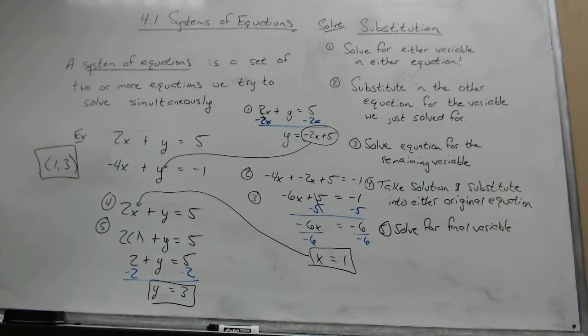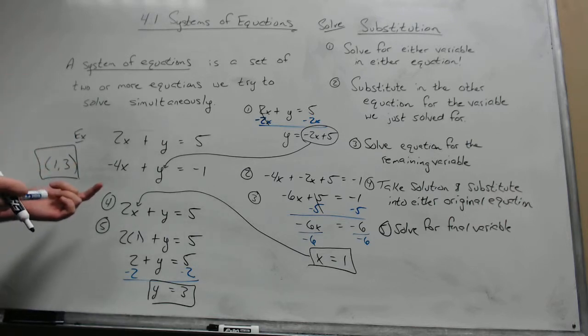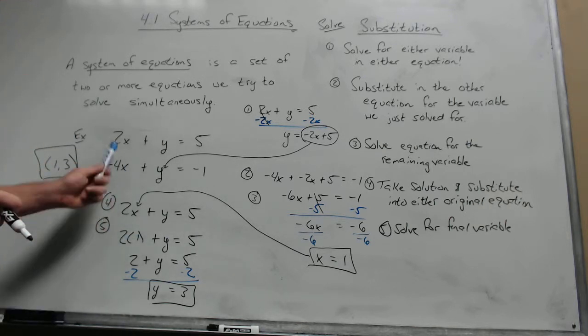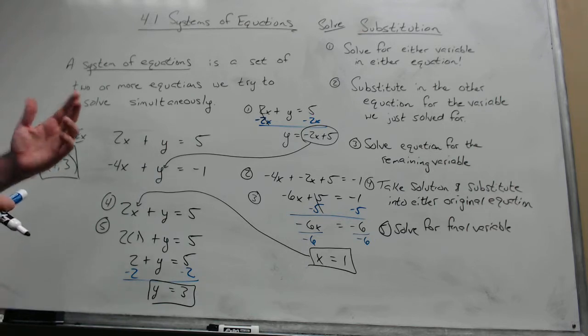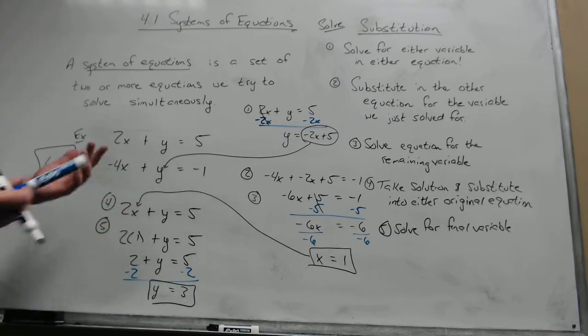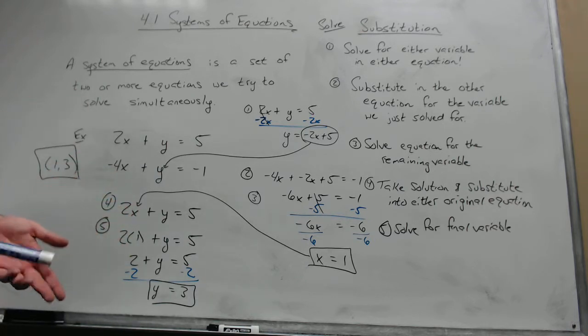This method is very helpful, and you can kind of see when it's going to be helpful. If you're looking at the original equations and you see just a single variable involved, substitution might be your quickest, most efficient route to getting the answer.